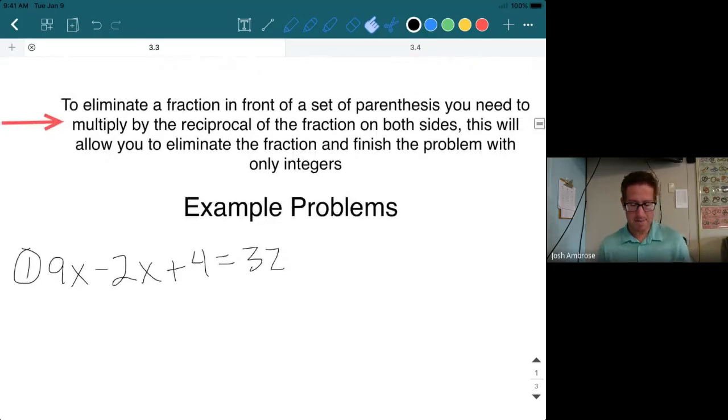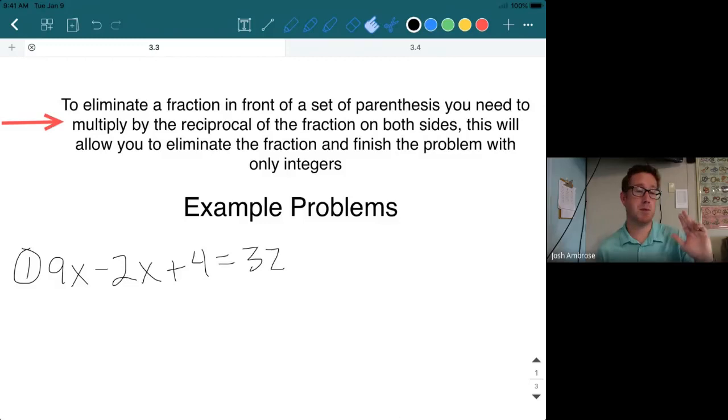Now, to eliminate a fraction, this is kind of a random one, but if you have that fraction connected to a set of parentheses, you want to get that fraction to disappear. How do you do that? You're going to multiply both sides of the equation by the reciprocal of that fraction.